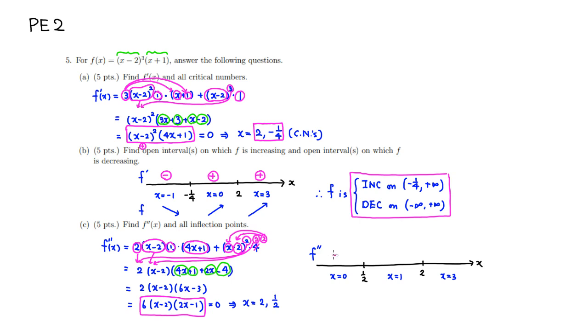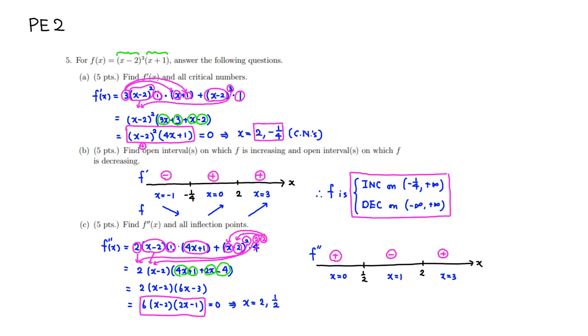So you have a positive sign here. If you plug in 1, 1 minus 2 is negative, 2 minus 1 is positive, so 6 is positive, x minus 2 is negative, and positive, so it's a negative sign here. And then x equals 3: 3 minus 2 is positive, 6 minus 1 is positive, everything is positive, so you have a positive sign there.